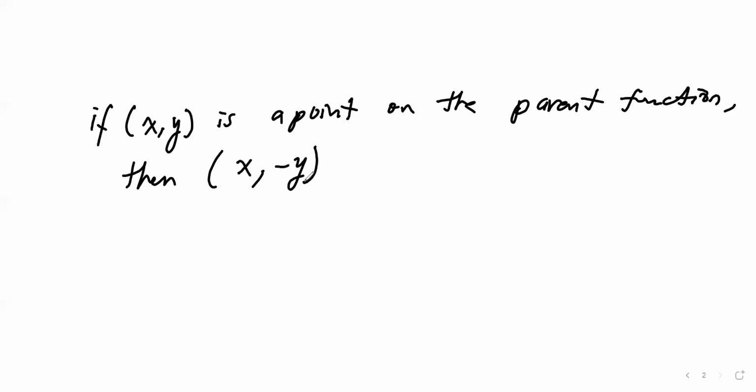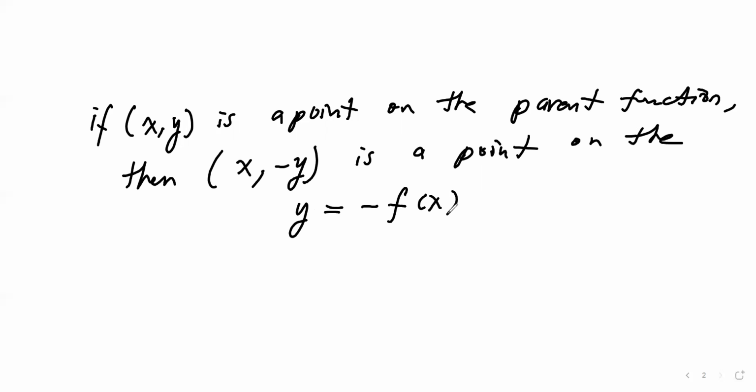If y is changing the sign, then this is a reflection over the x-axis. So if this is on the parent function, then (x, negative y) is a point on this function, y equals negative f of x, because this negative is going to make the y values negative.